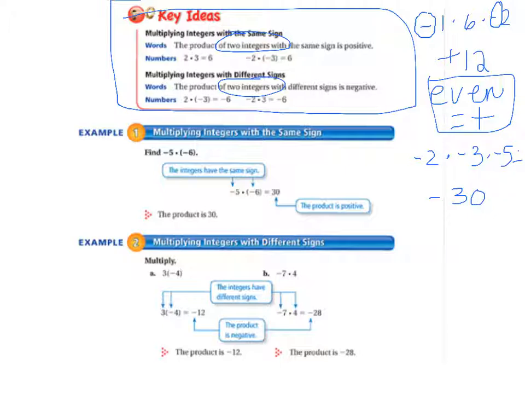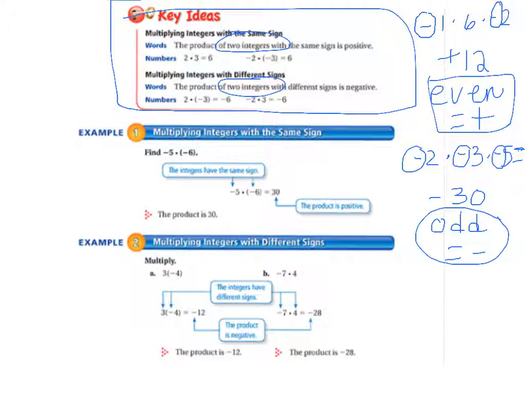And then your answer would be negative because there are 3 negative signs, and that's an odd number. So if there's an odd number of negative signs, then your answer is going to be negative. So be sure you make a note of that in your notebook so that you understand how to figure out the sign of your product.